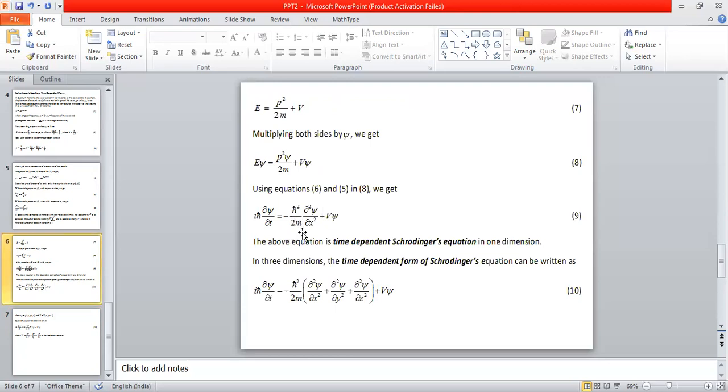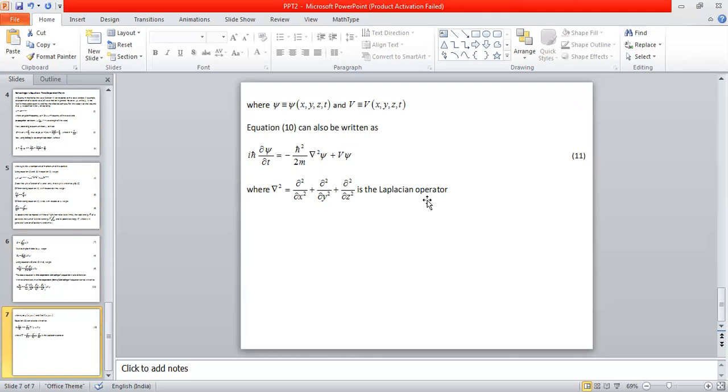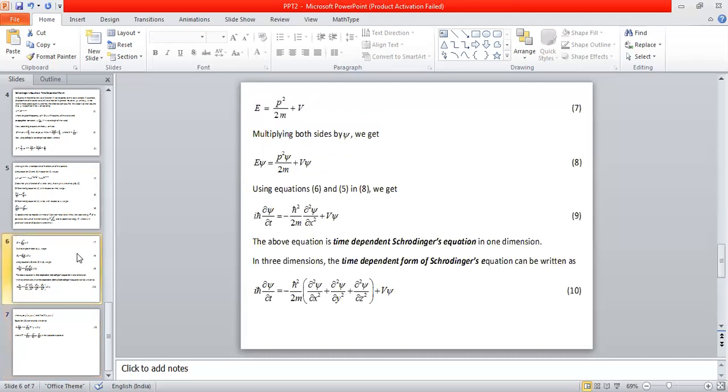So we end up with the 3-dimensional form of the Schrodinger equation, which in terms of the Laplacian operator can be written as iħ ∂ψ/∂t = −ħ²/2m ∇²ψ + Vψ. So equation 11 represents Schrodinger's equation in 3 dimensions. Our objective was to set up Schrodinger's equation in 1 dimension and 3 dimensions, and we are successfully able to write those equations.